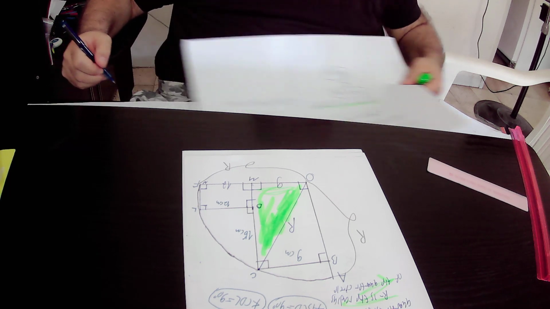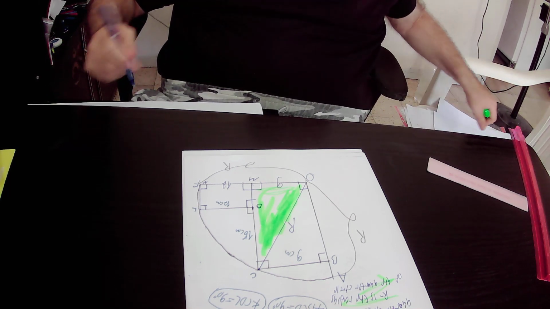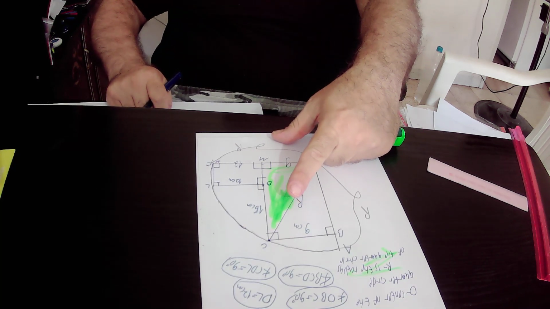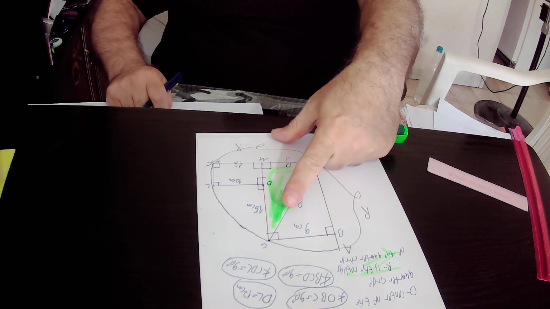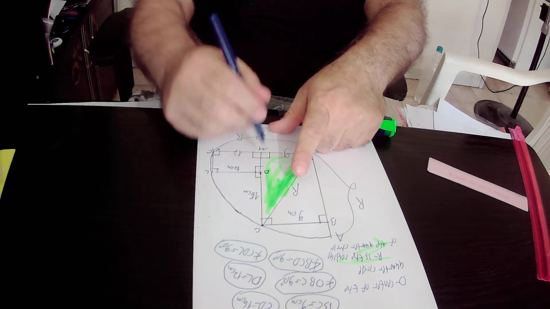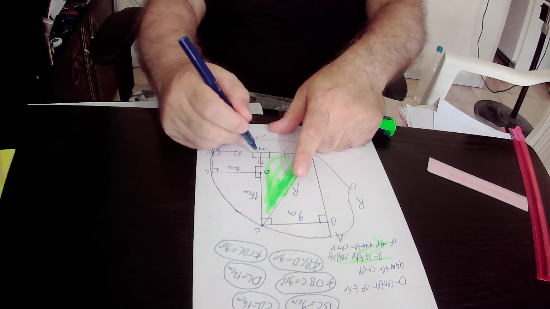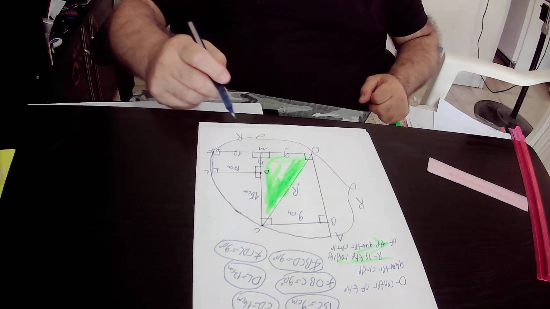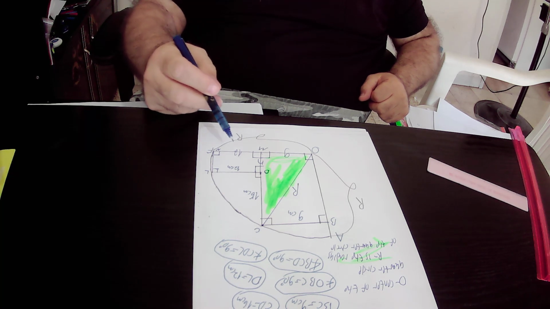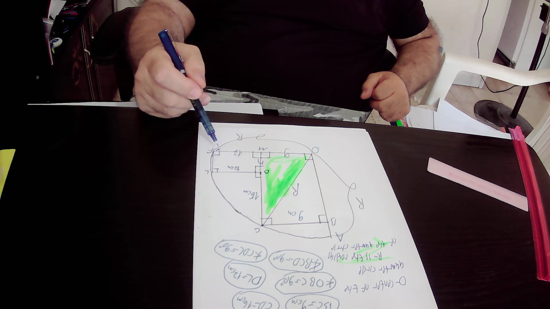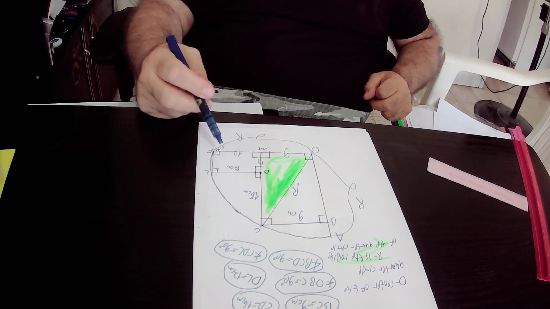Okay, but actually here we don't have yet the length of side CM, so we'll define side DM as h. Side DM equals h according to our definition, and as I already mentioned, quadrilateral DLMF is a rectangle, and we know that the opposite sides of a rectangle are equal to each other.